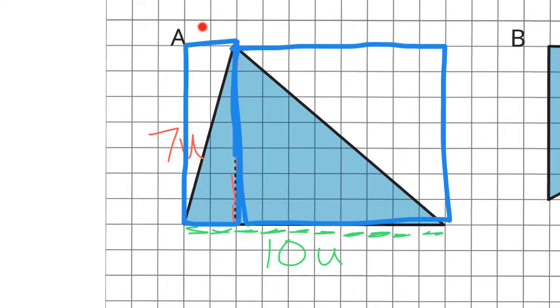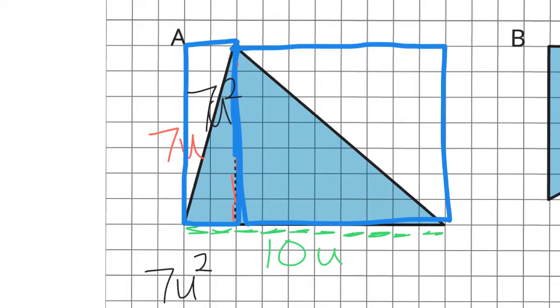So that rectangle has an area of 14 square units. So the triangle portion has an area of 7 square units. So this blue portion is 7 square units, 7 U squared.